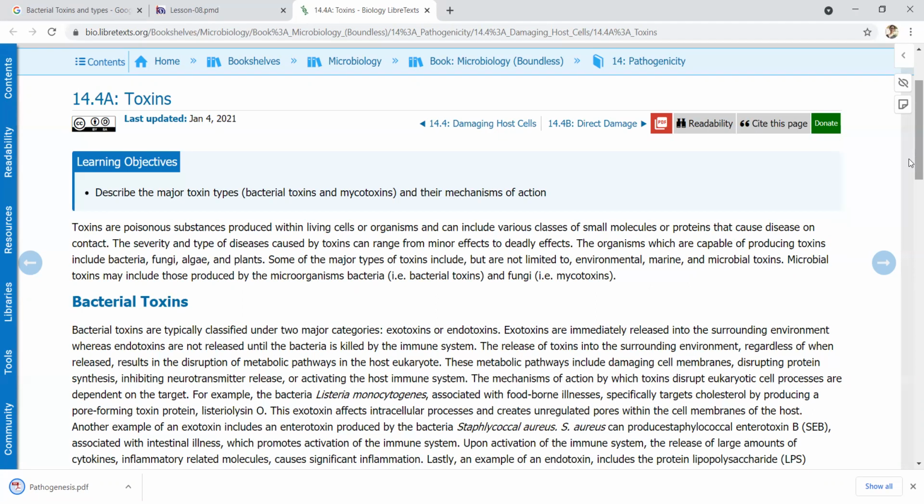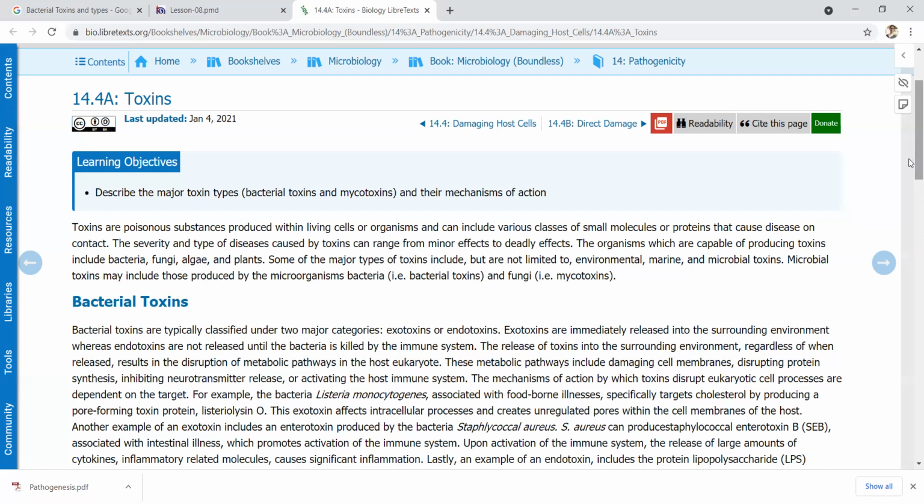This protein, in the structure of the cholesterol, leads to the formation of pores, so the cholesterol does not retain its original structure. That is the target area of that particular toxin. This exotoxin affects intracellular processes and creates unregulated pores within the cell membranes of the host.